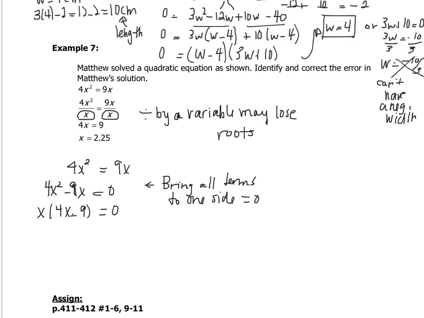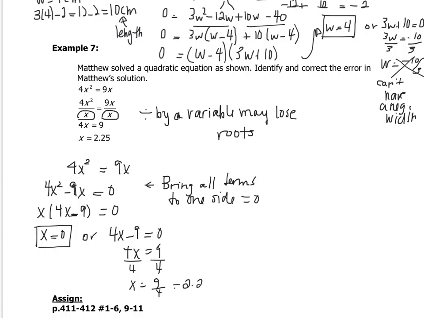So there'd be two solutions. Either x is 0, or the other factor, 4x minus 9, is 0, which gives you 4x is 9, and x is 9 over 4, which is 2.25, the answer they got above.